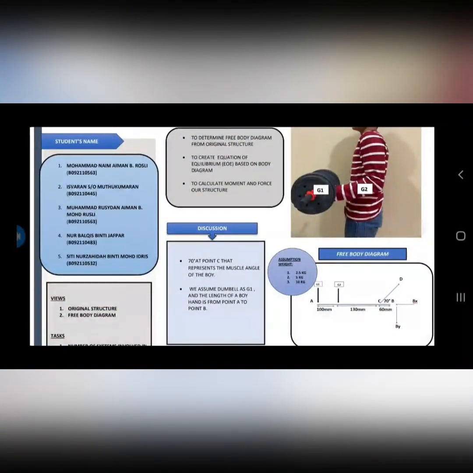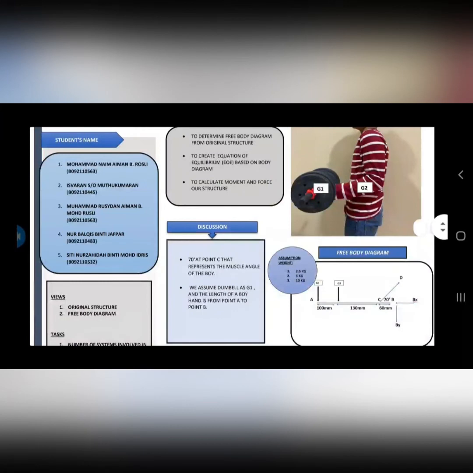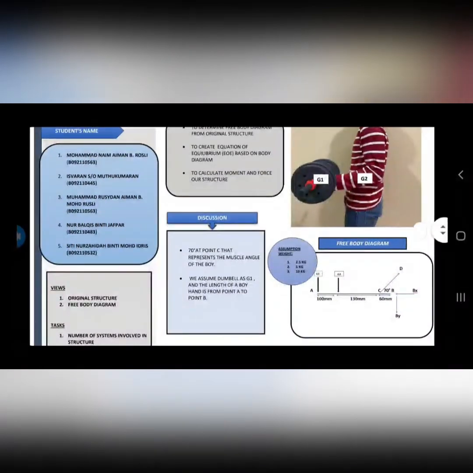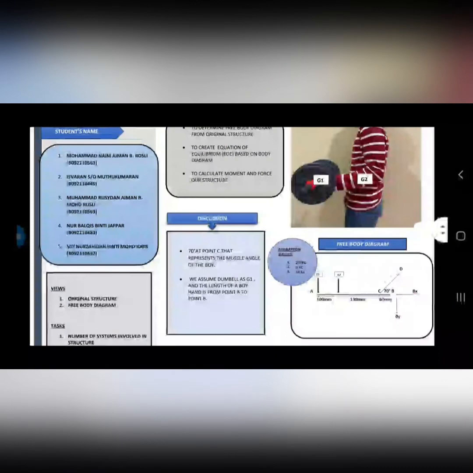Next, for discussion. First, 70 degree at point C represents the muscle angle of the boy. Second, we assume the dumbbell as G1 and the length of the boy's hand is from point A to point B.